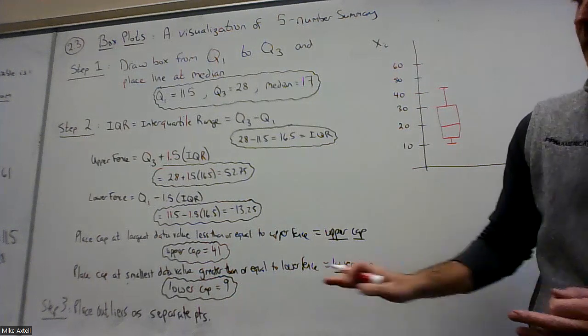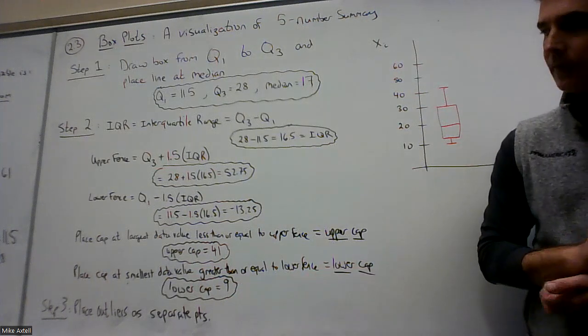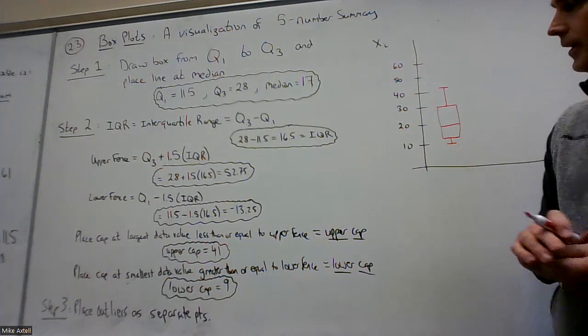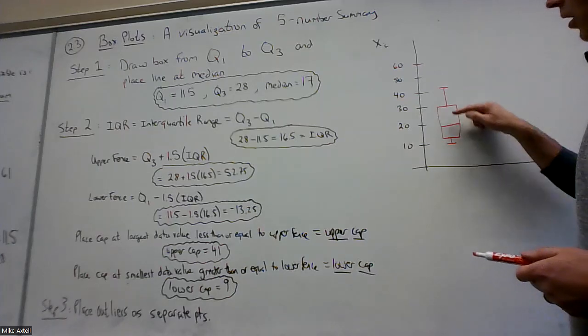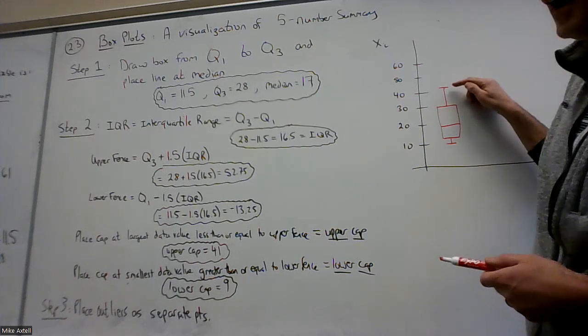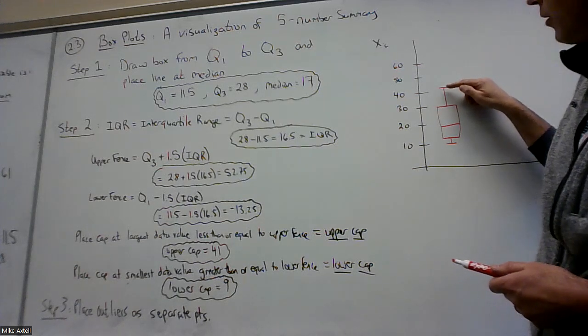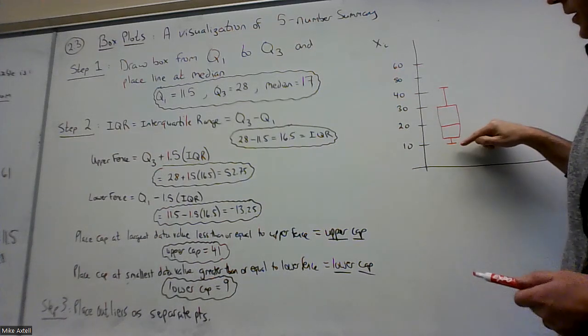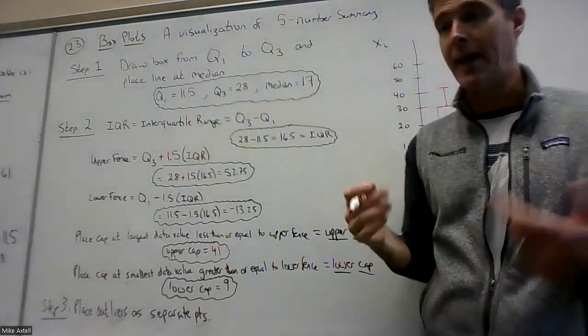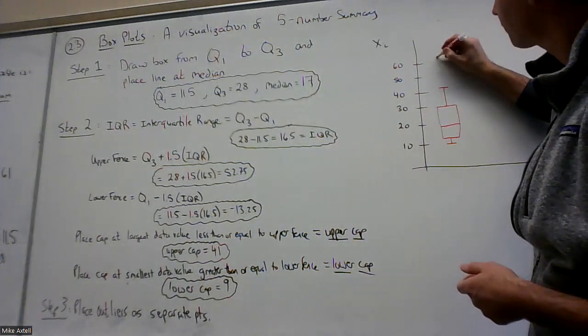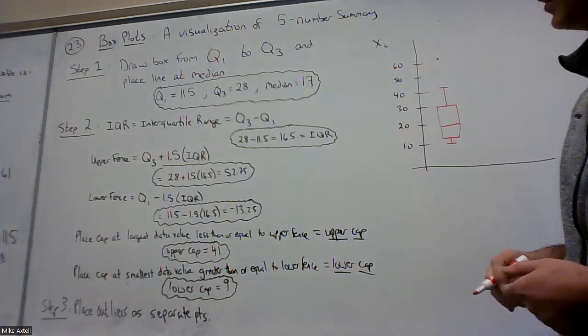And then my third step is to plot the outliers as separate points. Now, 9 is my least value, so I've got everything accounted for, but I have one outlier that's not accounted for in my distance between my lower and upper cap, and that's the data point 61, my max. So I'm going to plot a single data point at 61.